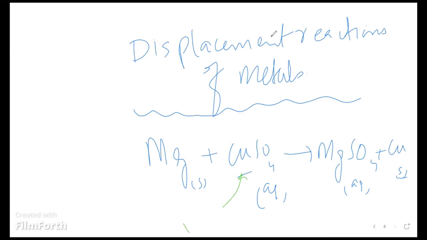Copper 2 sulfate is blue in color. After this reaction, the solution turns colorless, and pink or brown solid is deposited in the solution, which is copper metal. Magnesium is more reactive, so it displaces copper from its compound, forming magnesium sulfate plus copper.